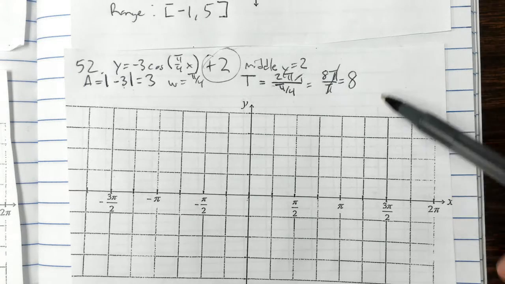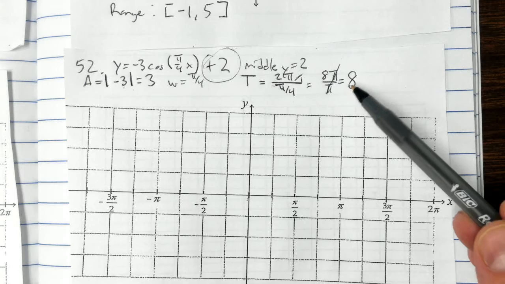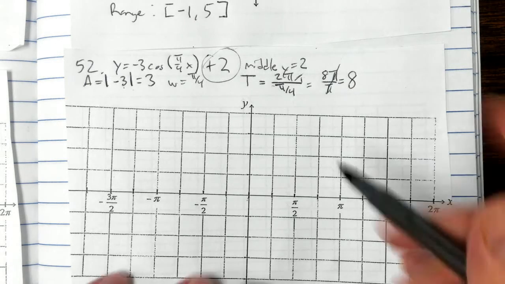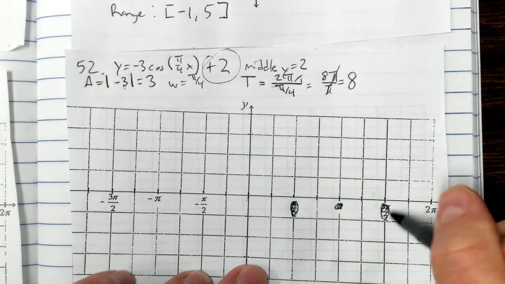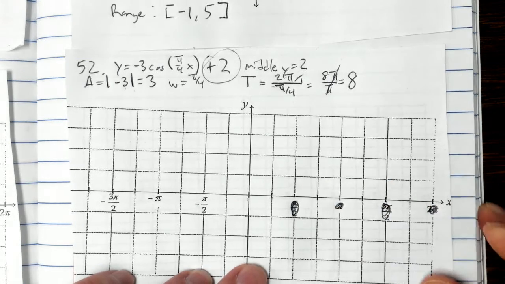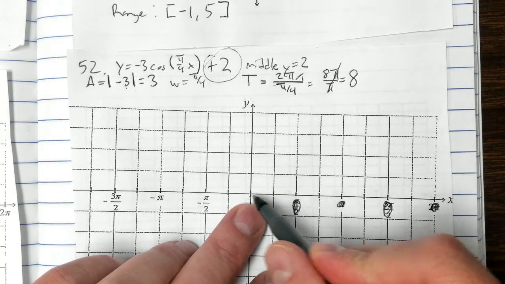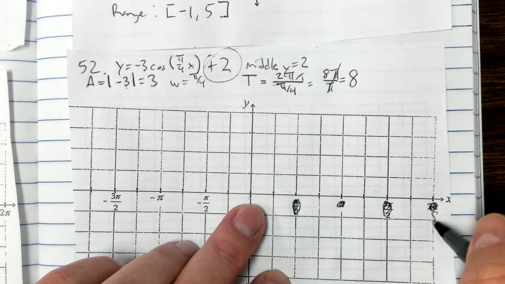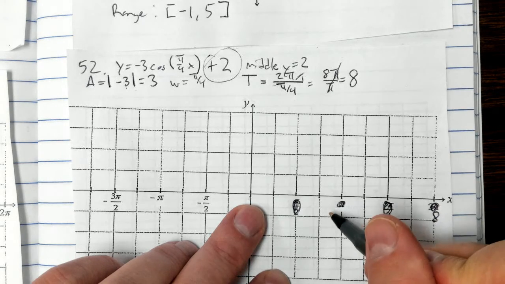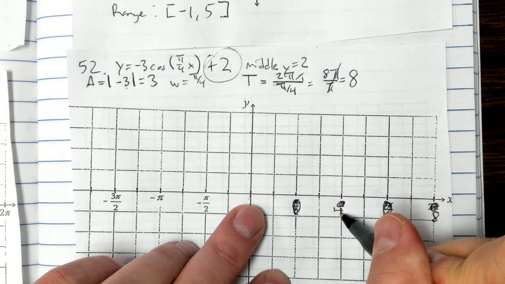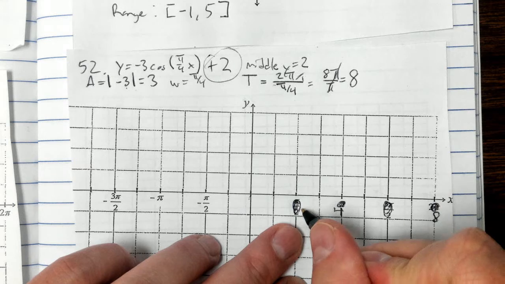Okay, let's see. On this one, we're going to have to change our horizontal marks because our period's 8. So let's mark these out. And we're trying to show 2 periods worth. And so if this is where 0 is, I need to say 8 is over here. And you take half of 8 and you get 4. So 4 is this one. And then half of 4 is 2.